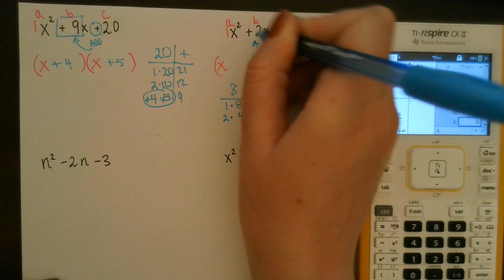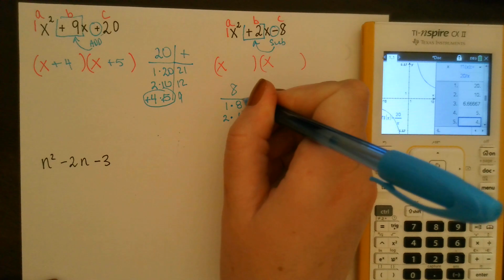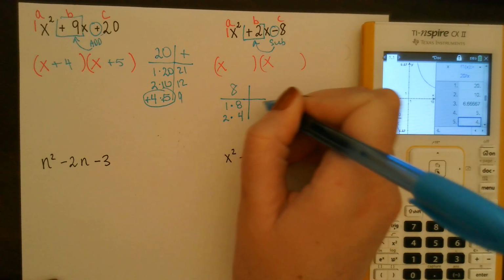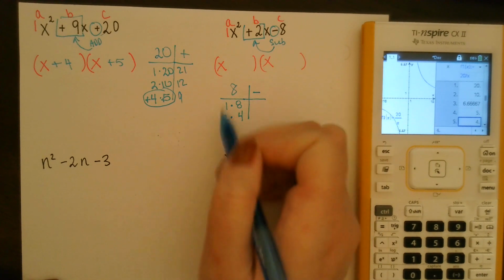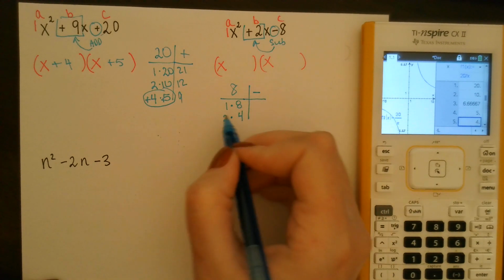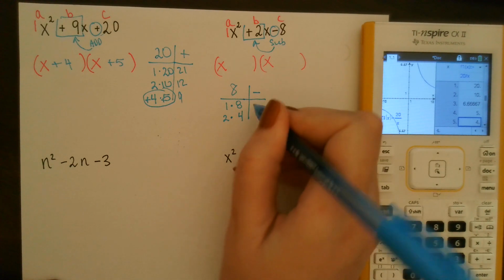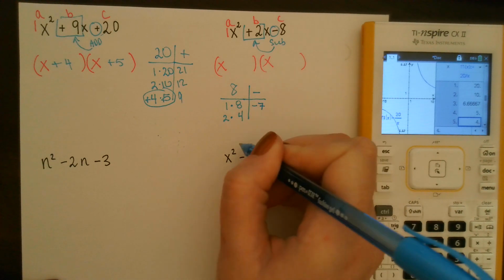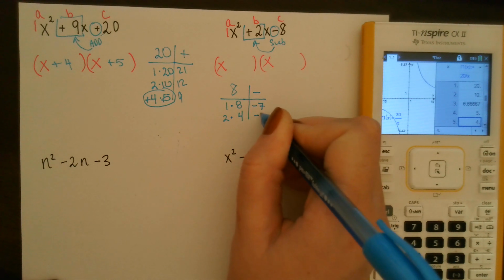until we get a positive 2. So looking at these, we're going to check both directions, all right? 1 minus 8 is negative 7. Well, that's not even close. 2 minus 4 is negative 2.